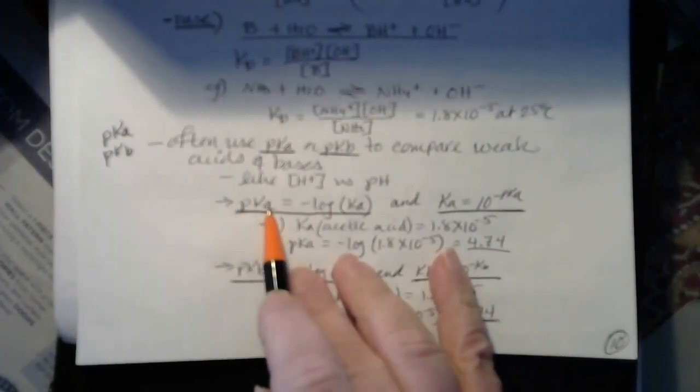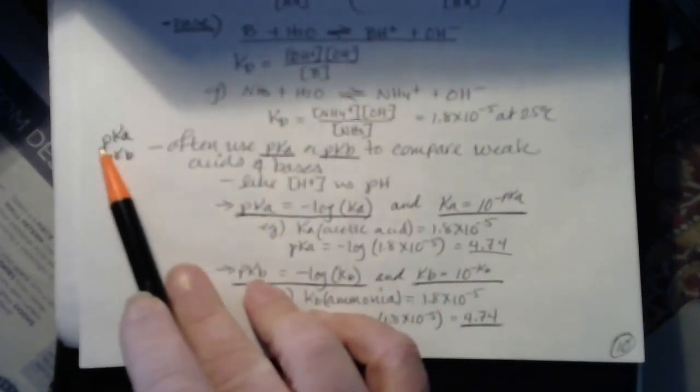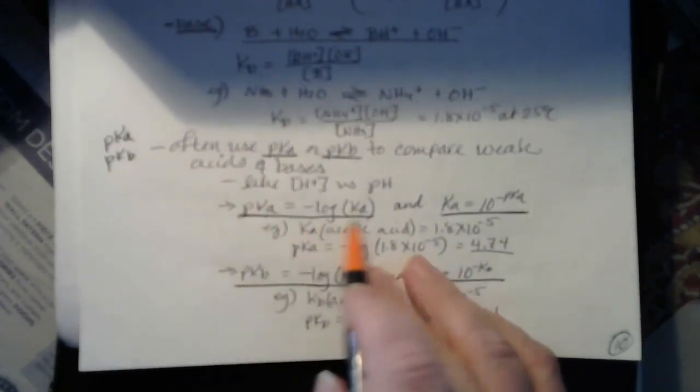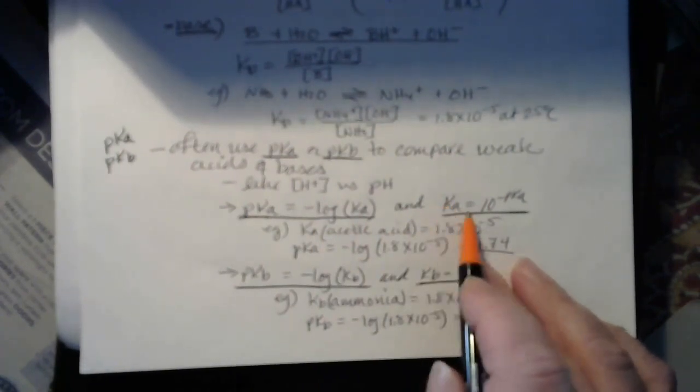And so pKa, remember I mentioned that p is just a symbol that means negative log of something. So pKa is just the negative log of Ka. And you can reverse that if you want the Ka and you have the pKa. Ka is just 10 to the negative pKa power.